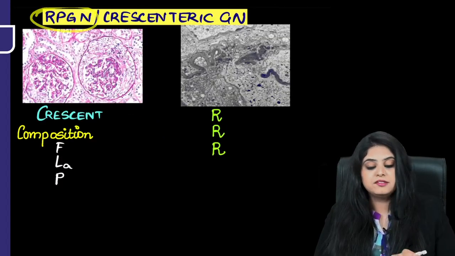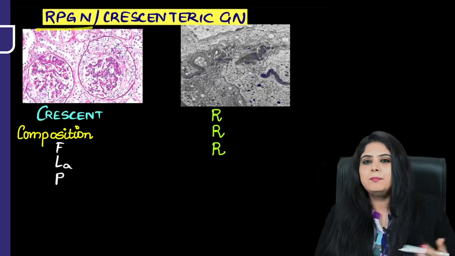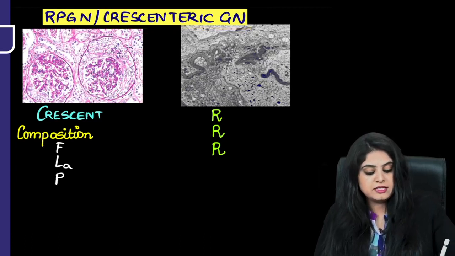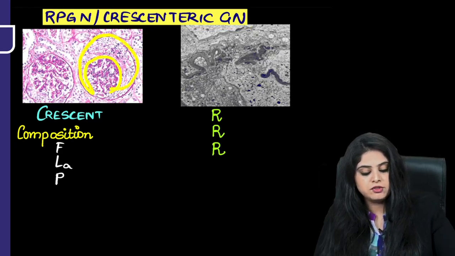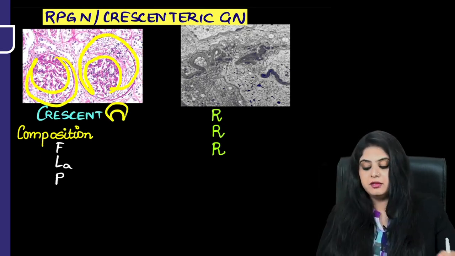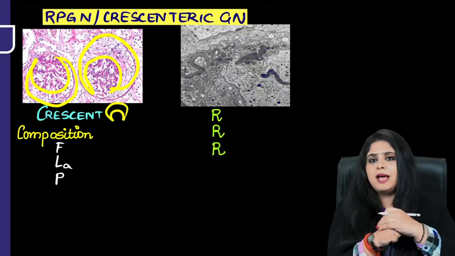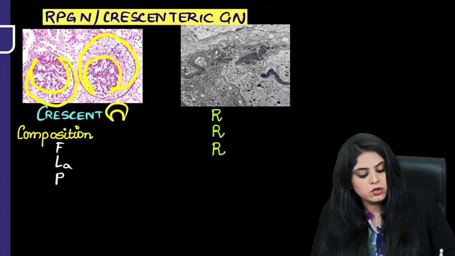RPGN, rapidly progressive glomerulonephritis. Patient will rapidly progress and deteriorate, and pathologist will show you crescentic glomerulonephritis. So what is a crescent? I can see one half moon kind of a structure being formed over here. This half moon kind of a structure is crescent. Matlab if this is the glomerulus, there is a flap on top of it. So mnemonic is flap, crescent is like a flap. So what all does it contain?